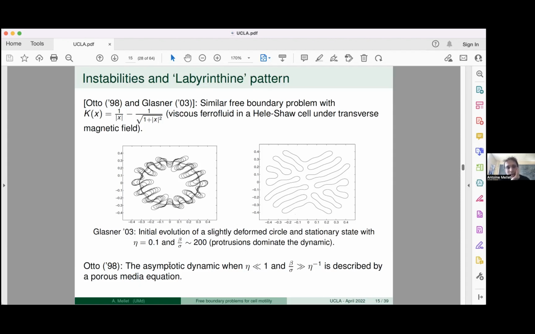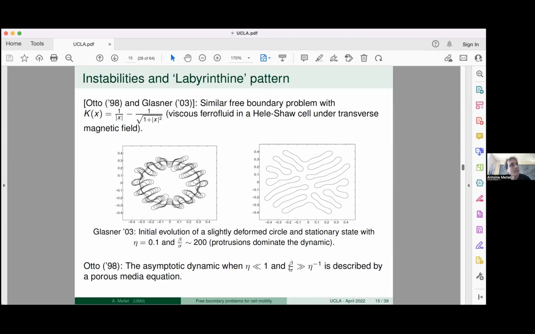Otto studied this problem rigorously in the limit where eta is small, like we were talking about, and with beta that goes to infinity faster than eta to the power minus 1. So it's much more than what we are looking at, right? Even more importance on the destabilizing potential phi here, and he shows that in this case the dynamic is described by the porous media equation, right?